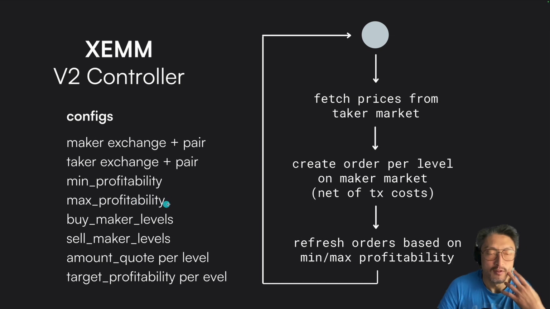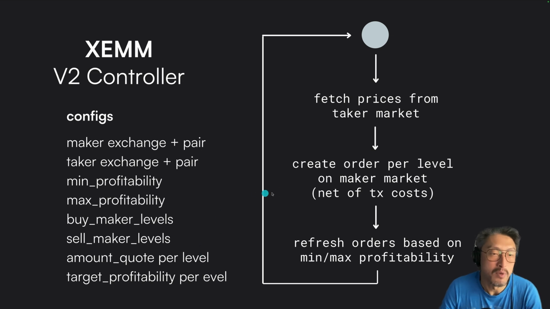In addition, there's a couple of things that this controller does. Because the logic is encapsulated in the executor, the executor fetches the fee rate from the 2 different exchanges and takes into account the transaction costs when determining whether to change the orders or not. One good property of this is that it allows these v2 controllers to be run on decentralized exchanges.